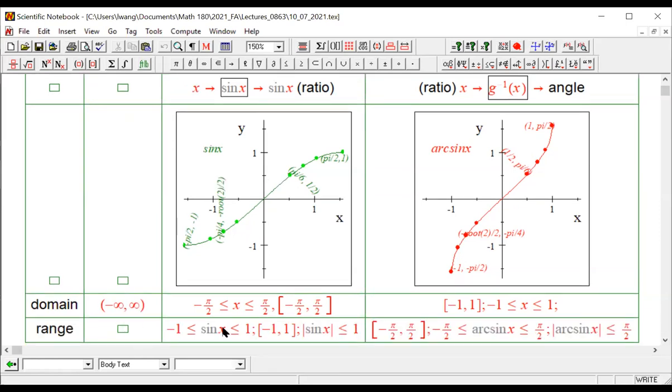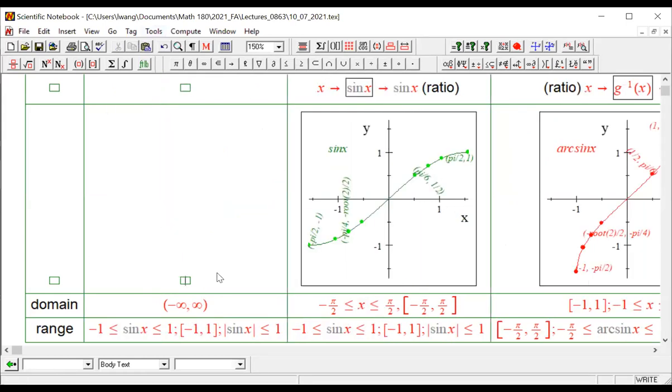And the range, what is the range? No change as far as the curve goes, right? So I'm going to show you the curve. Let me do the curve on the side, okay?